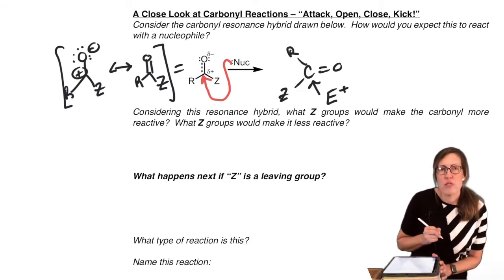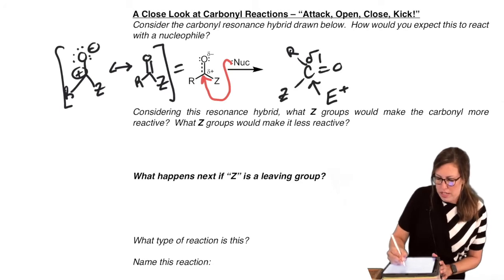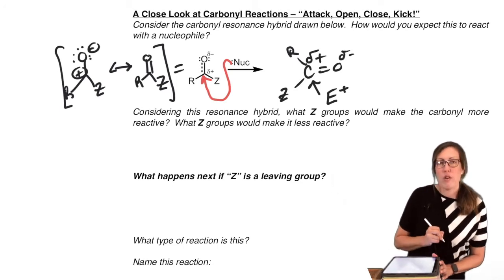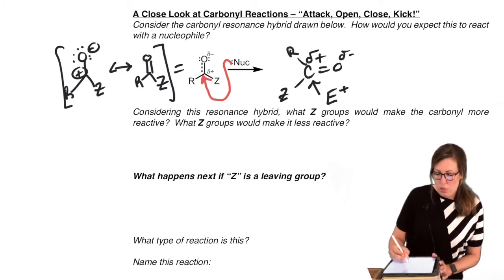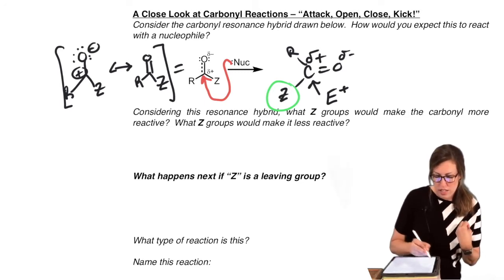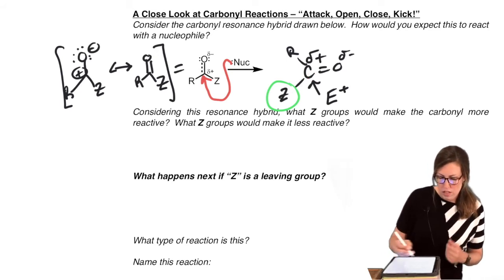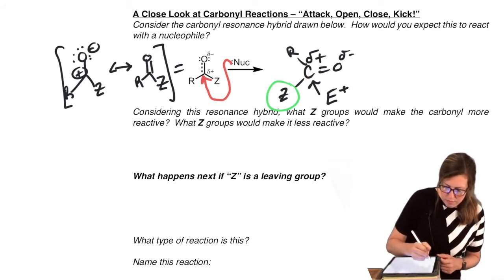How do we make electrophiles more reactive? We make them more positive. So we want that delta plus to be even bigger. How do we make that delta plus bigger? We make Z more electron withdrawing. If it withdraws electrons from the carbon, the carbon will experience even fewer electrons around it, making it more prone to nucleophilic attack.